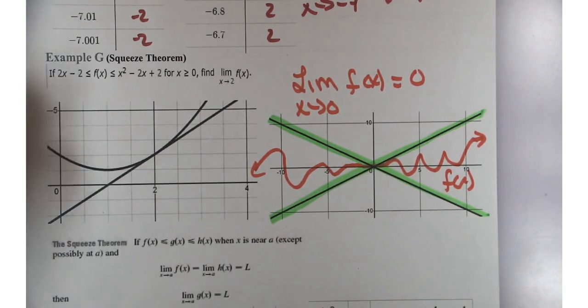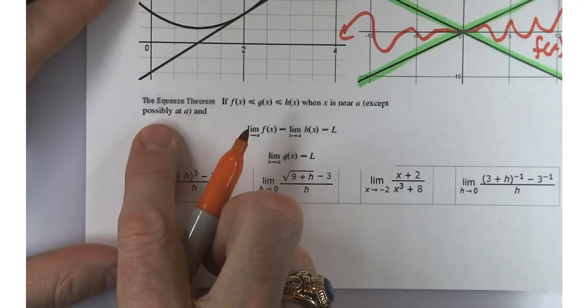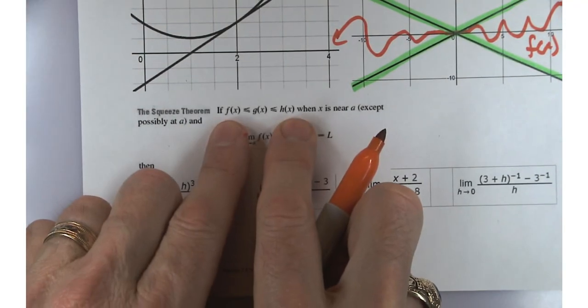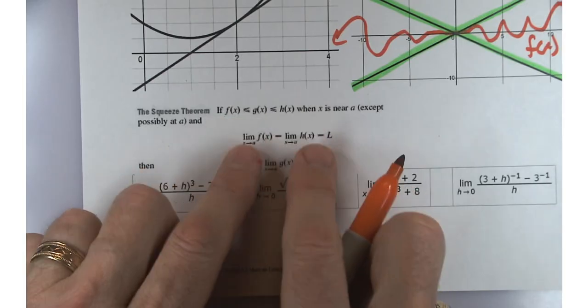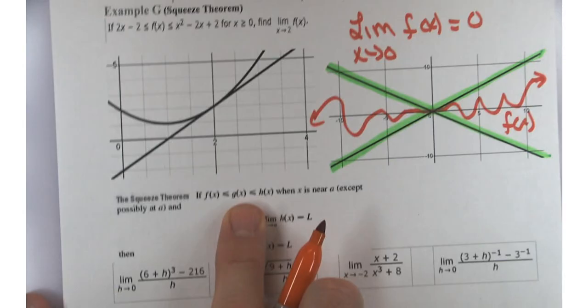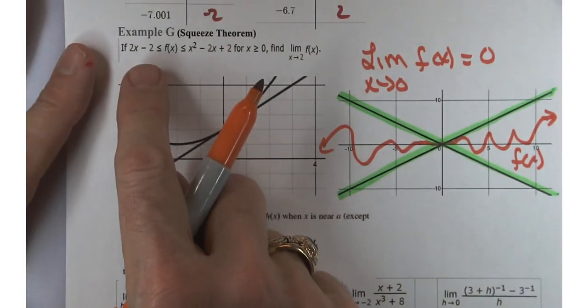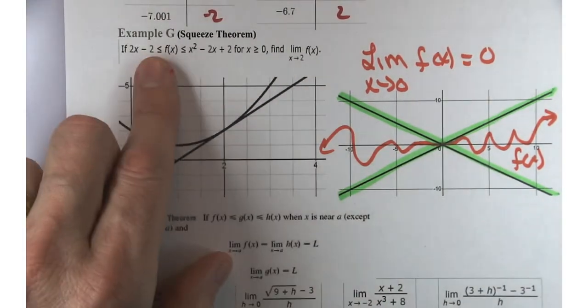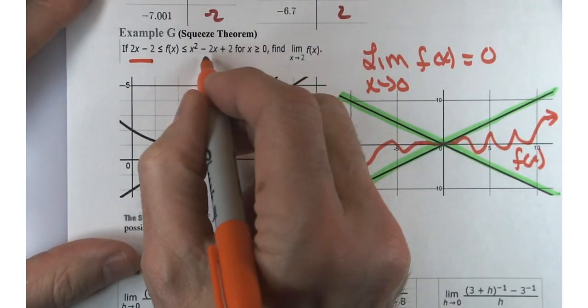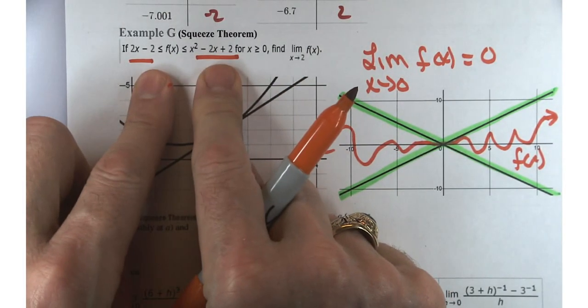That's literally called the squeeze theorem. It says if you have two functions that bound something and they go to a limit, then that middle function has to go to that same limit. So that's what's going on with example G. You've got these two functions, this one and this one, that are bounding some f of x.